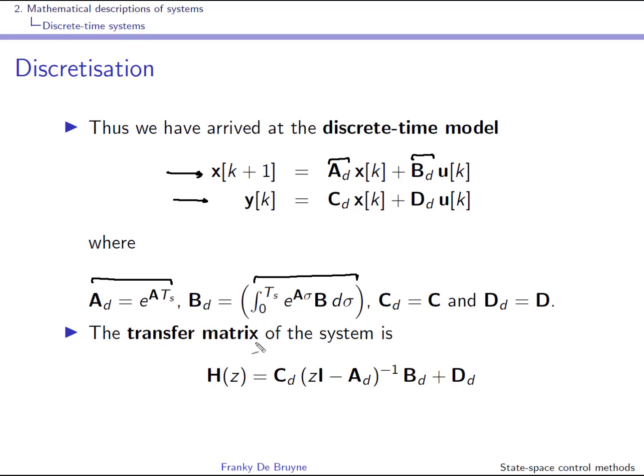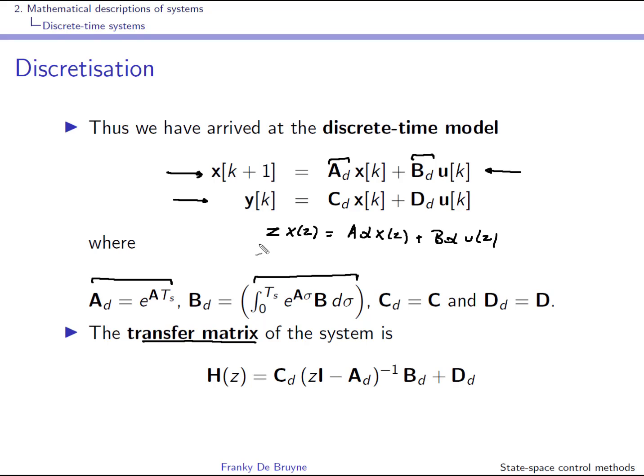So what we can do is compute the transfer matrix. We assume here that there are no initial conditions. Okay, anyway, for the transfer matrix, we look at the relation between input and output in the case where the initial conditions are 0. So we have to go to the z domain. So we take this equation over here. So we have z X(z) is equal to A_D X(z) plus B_D U(z).